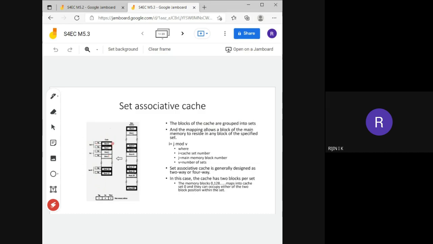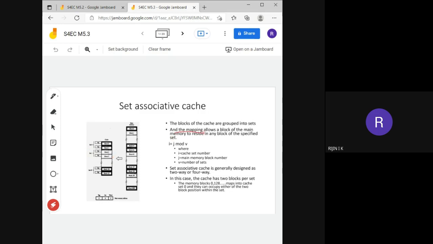That is, block 0 and block 1 will be set 0. Then block 2 and block 3 will be set 1. Likewise block 4 and 5 will be set number 2, and so on. That is how the cache memory blocks are grouped into sets.